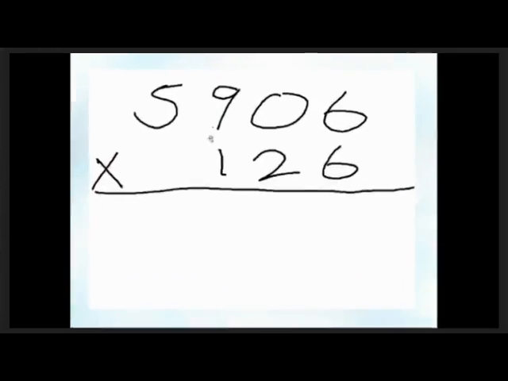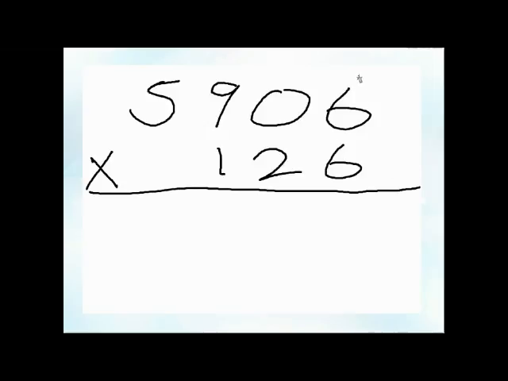Okay, let's do an example. Now with multiplication, we also line up from right to left. And then we start with the first digit in the first line. So we're going to get 6 times 6 is 36. And the 3 there. 6 times 0 is going to be 0. 0 plus 3 is going to be 3.